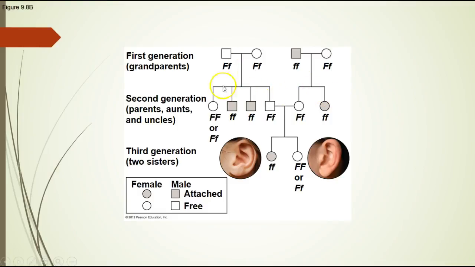So you can see in the father's family that he has two brothers that had attached earlobes, but a sister that had free earlobes, and we don't know whether she is homozygous dominant or heterozygous because there are no offspring shown here. We know that he's heterozygous because he has a daughter that has attached earlobes, and the same thing here for the mother.